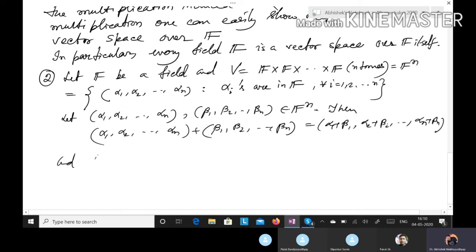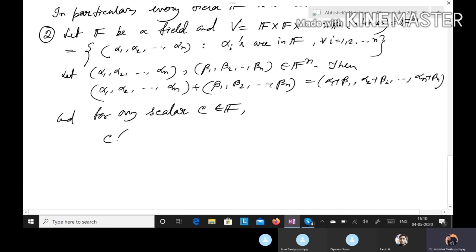And for any scalar C belongs to F, C times alpha 1, alpha 2, ..., alpha n is defined by multiplying C with each component, that is C alpha 1, C alpha 2, ..., C alpha n.